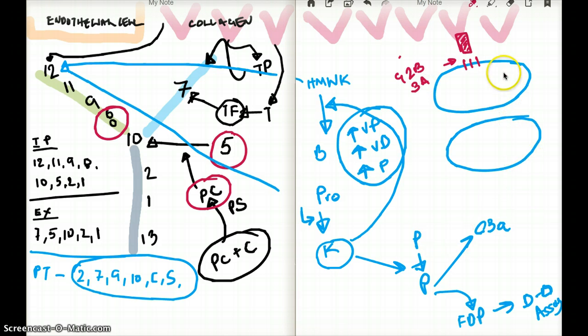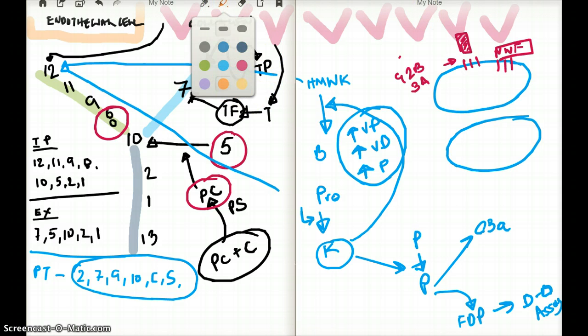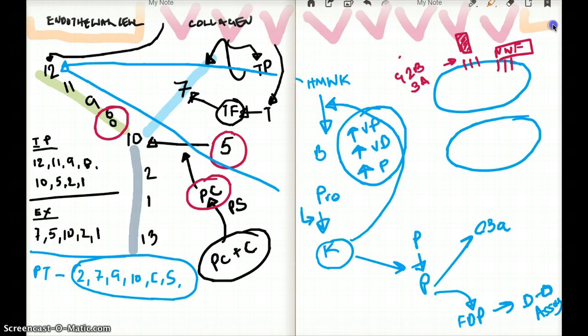Now this platelet is also going to bind to von Willebrand factor. But von Willebrand factor is not going to be binding to collagen. Von Willebrand factor is actually going to bind to the endothelium.